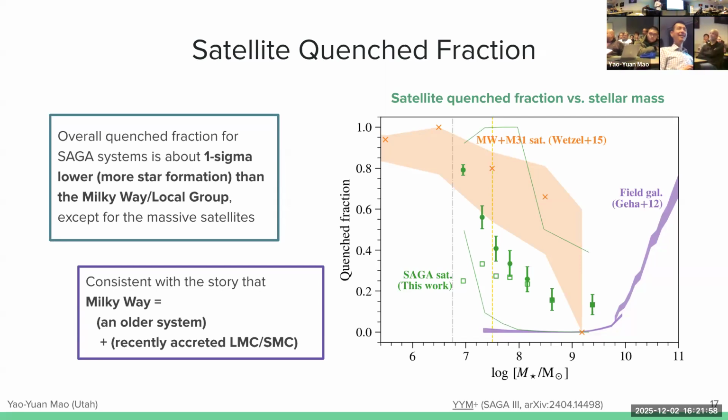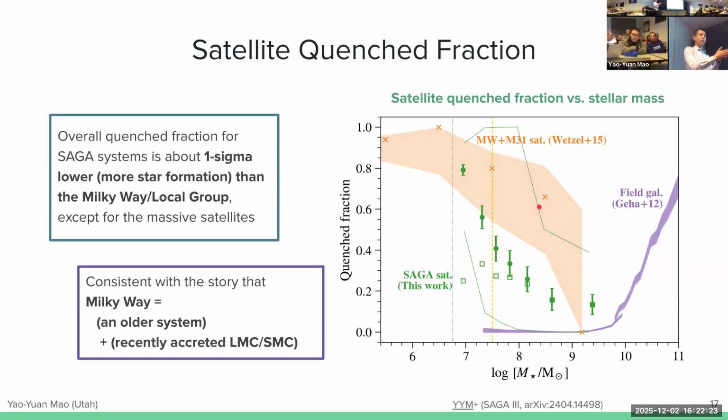So do your green lines actually show the complete range? And so you do have some systems that are quite high or low compared to the bins? Yeah, so the green points are the average over all the SAGA systems. If I compare the system-to-system variation, it's shown as this thin line.